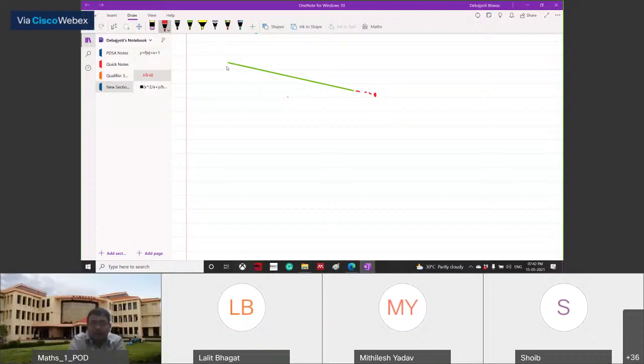So if we extend this line A, B, then this point is on this straight line. Now, how do we generate a formula which relates this AB line, x1, y1 and x2, y2, with this P, Q coordinate? That is our external section.